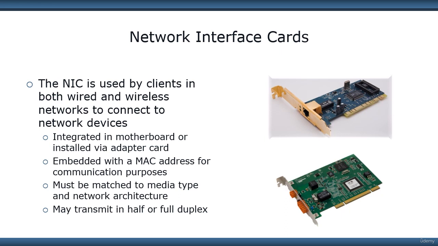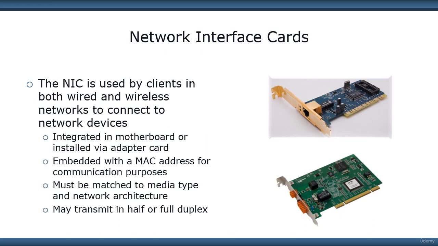Typically, the NIC is going to be part of the motherboard, and unless I need some enhanced capability like 10 gig or 40 gig Ethernet, I wouldn't need to install a card. Or if I have a wired Ethernet card embedded on the motherboard, but now I need wireless capabilities. If I need something other than what the computer automatically has, I'm going to need to set up another NIC.